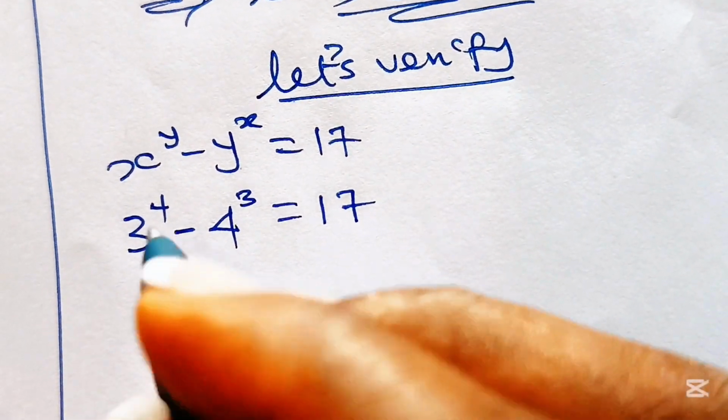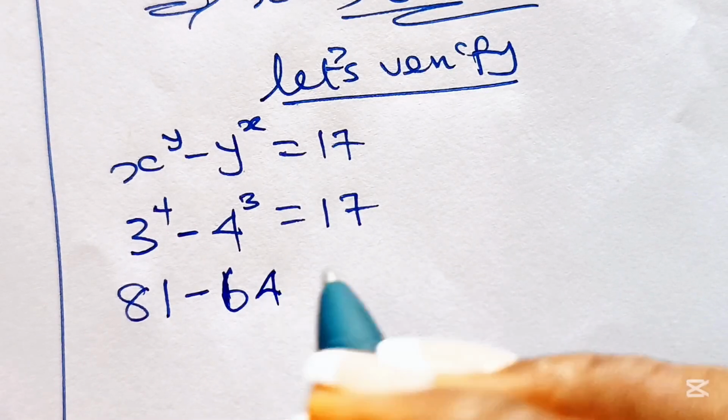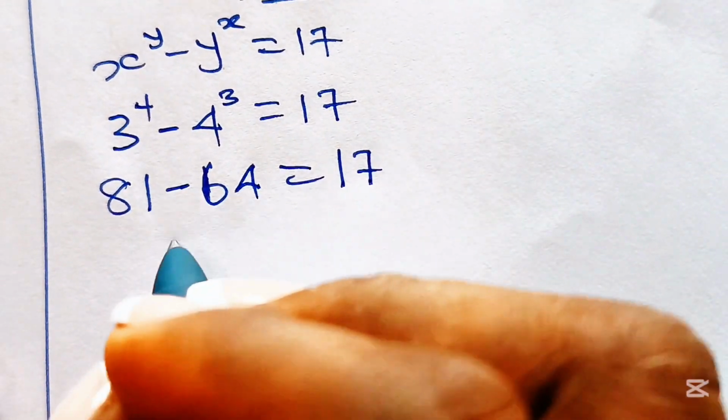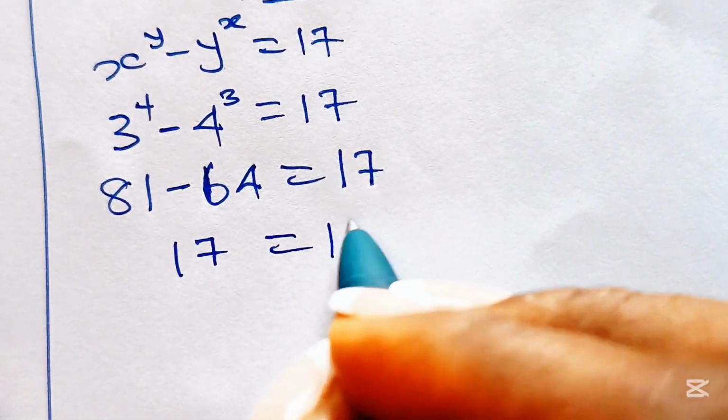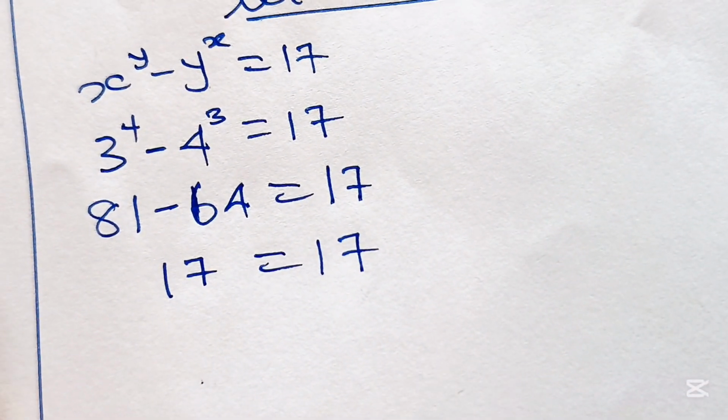Now 3 to the power of 4 is 81, and 4 to the power of 3 is 64. Now 81 minus 64 is 17, and 17 is equal to 17. Now you can see that the left hand side is equal to the right hand side.